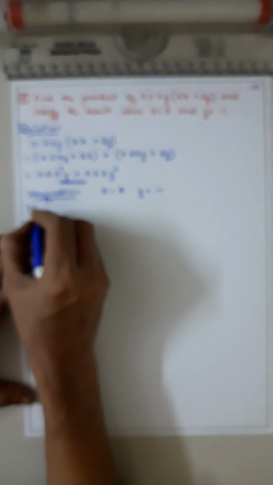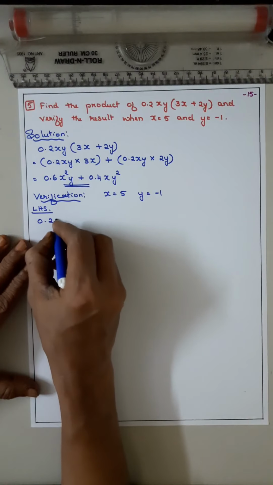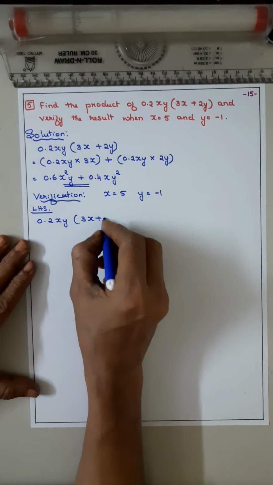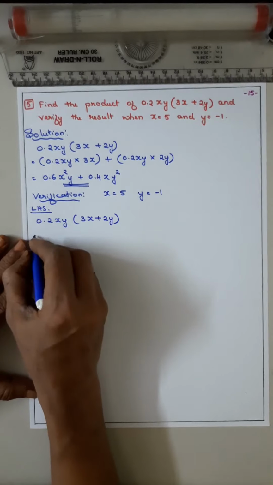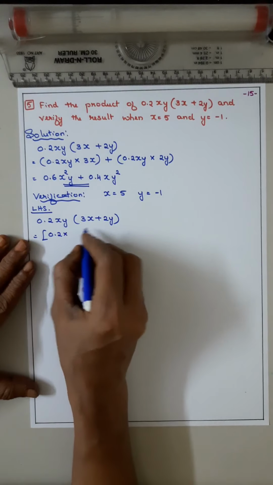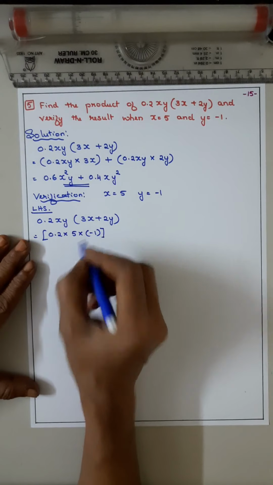So LHS, it is the question 0.2xy (3x + 2y). Put the values: 0.2 into x is 5, y is minus 1.